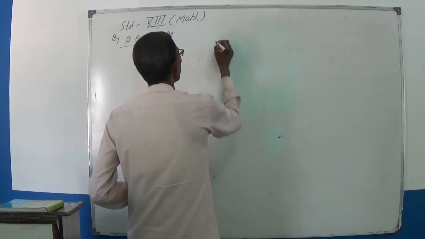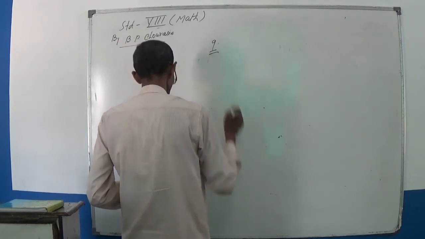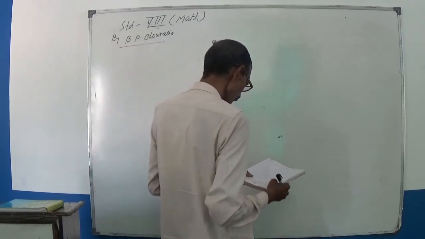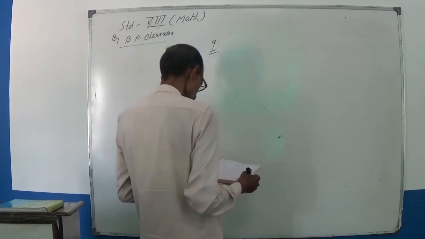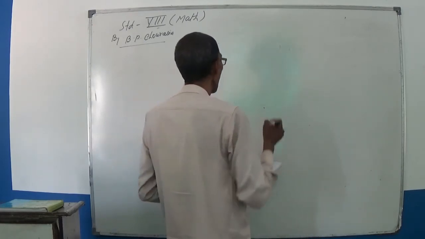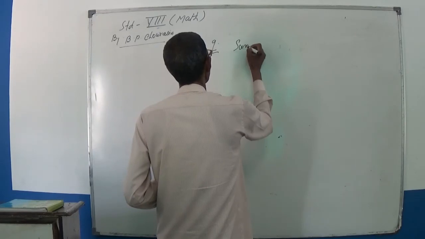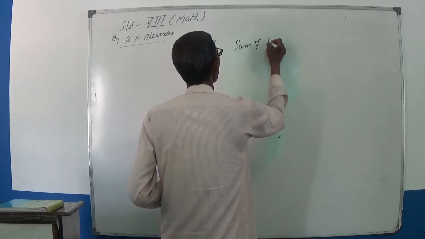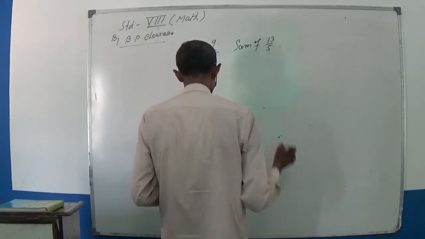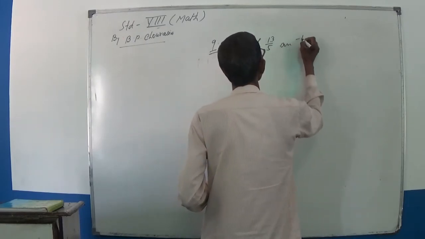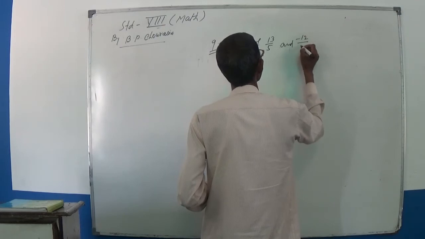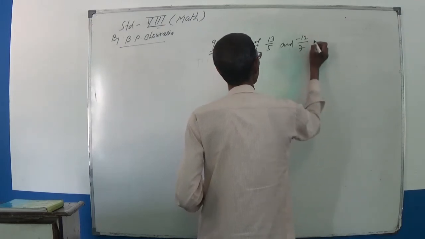Question number 6. Divide the sum of 13 by 5 and minus 12 by 7. Sum of 13 by 5 and minus 12 by 7 is equal to what?